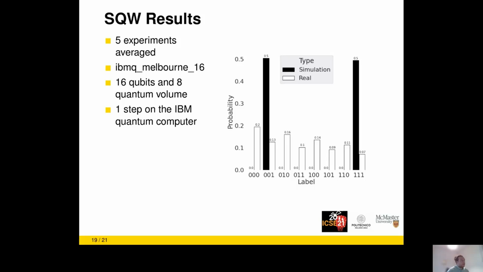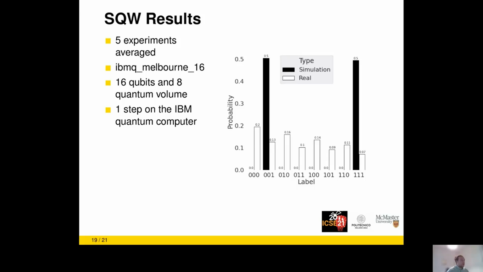We used IBM Q Melbourne 16 as the backend, and we chose this one because, given our account type, this was the only backend with at least 6 qubits. This is the number that we need for the Szegedy quantum walk. So we chose this one, with 16 qubits and a quantum volume of 8.